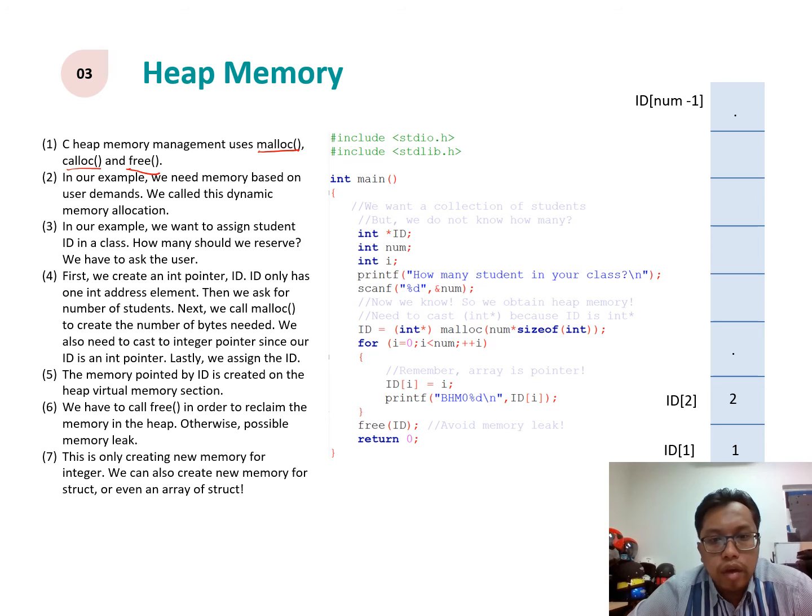In this example, we want to allocate the memory based on how much you need, in this case how much the user wants to store. When you use this approach, we can optimize the usage of the memory.